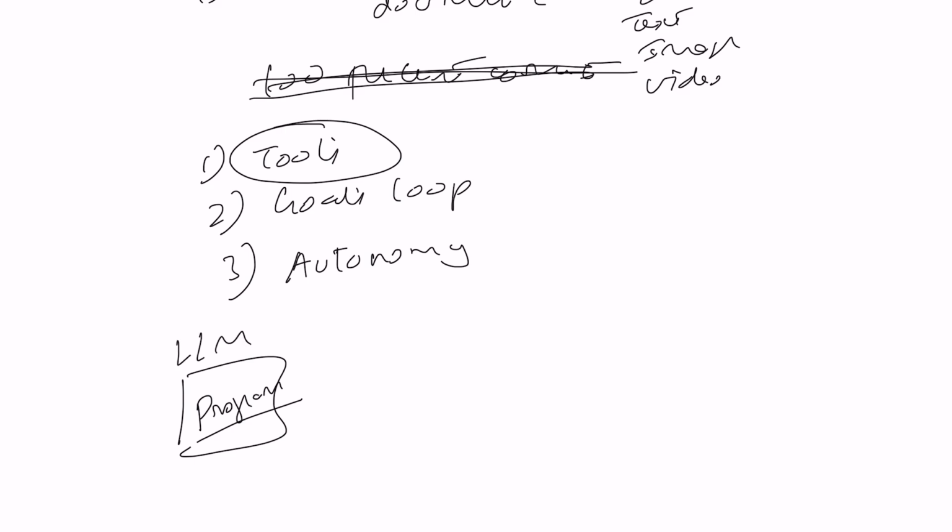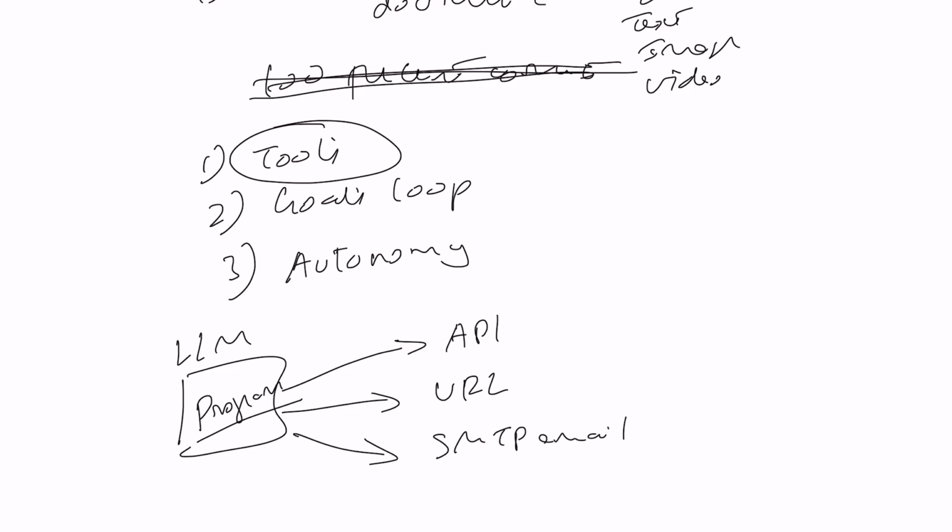Now this program, when it gets connectivity to some tools, let's say an API, some URL, an SMTP email connector, or a database.